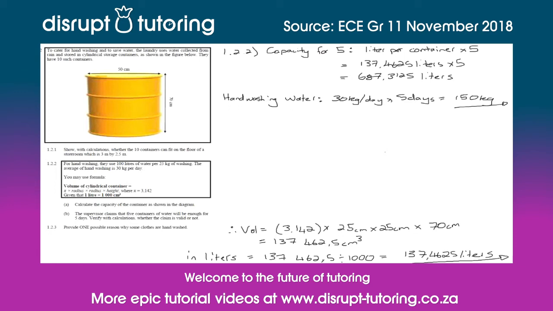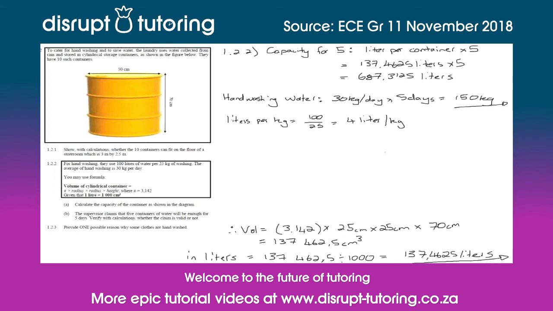So now they've also given us that for every 25 kilos we use 100 liters. So how many liters do we use per kilo? Liters per kilo equals 100 liters divided by the 25, which gives us 4 liters per kilogram.